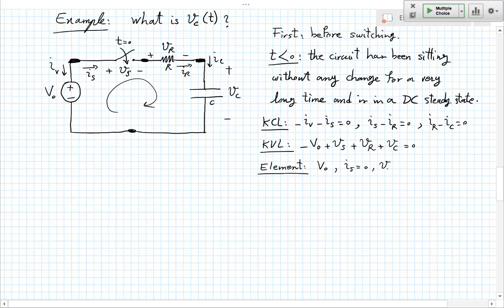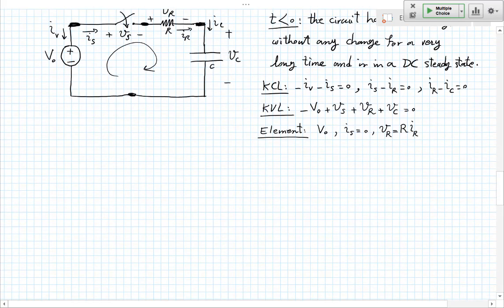We know that VR equals R times IR. And what else do we know?